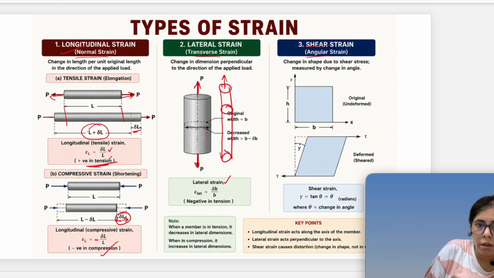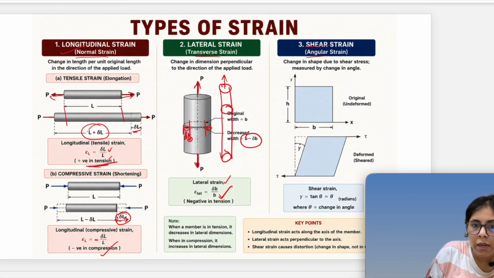For example, this is the original width, and after stretching, this has become the final width. So the decrease will be this much, so it will be b minus delta b. The decreased width will be b minus delta b, and the decrease is delta b.